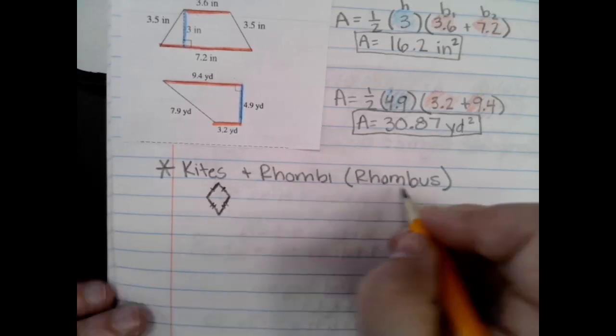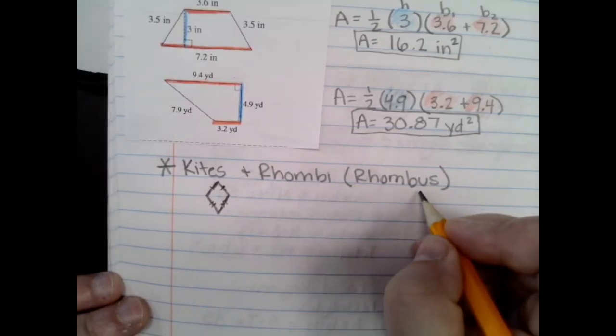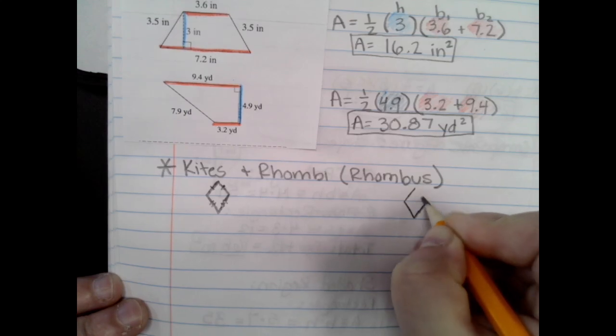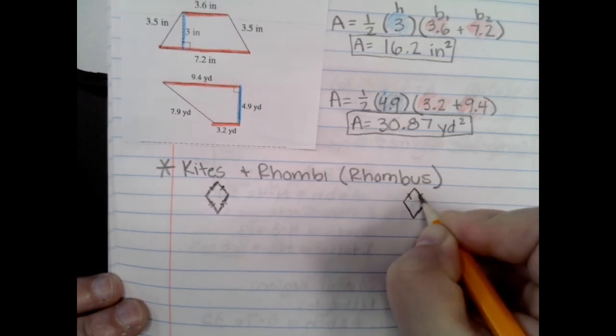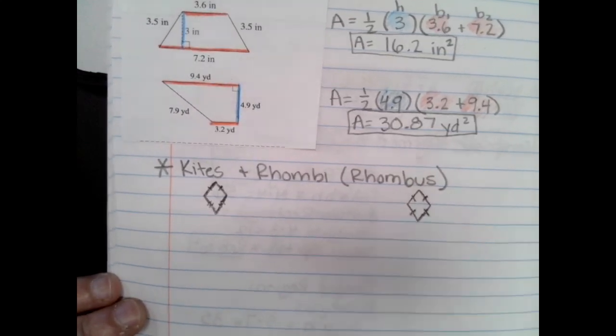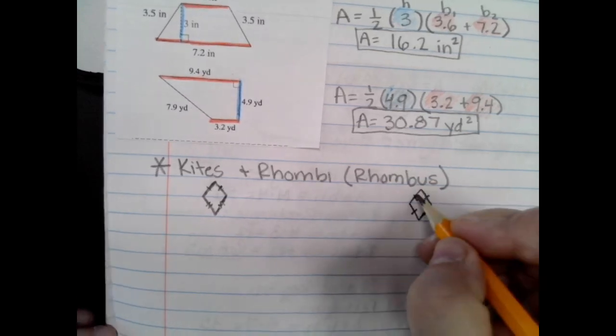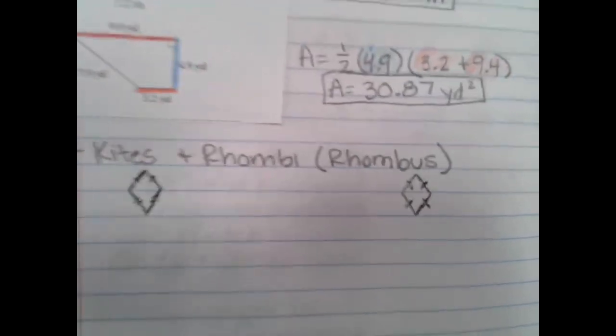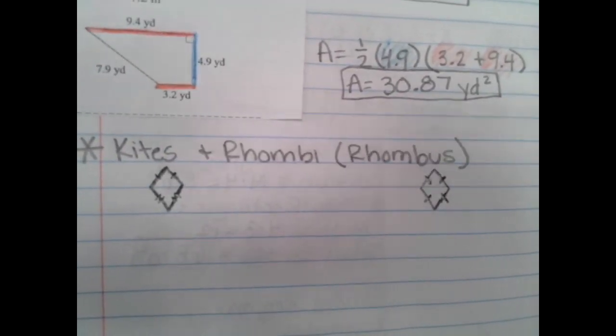A rhombus is very similar, but in a rhombus, all sides are the same. It's almost like a diamond is a rhombus. So this is a kite, this is a rhombus. That was a really small drawing. I meant to draw it a little bit bigger, but you get what you get some days.